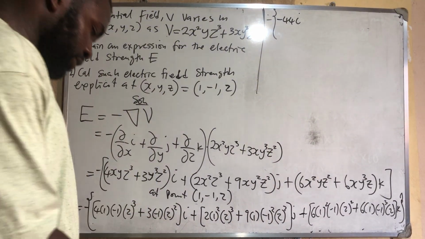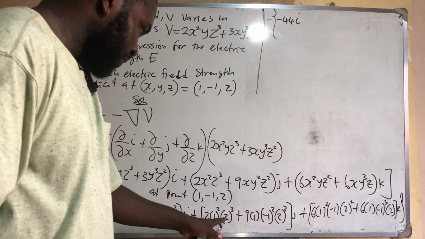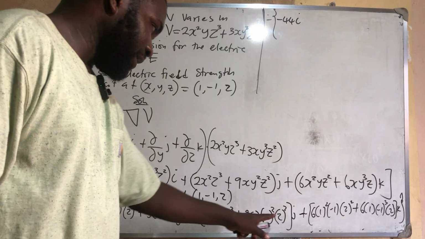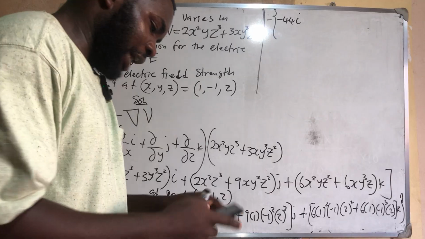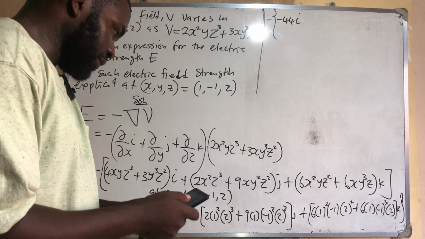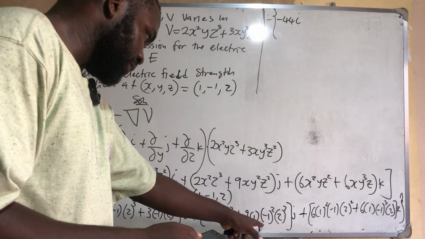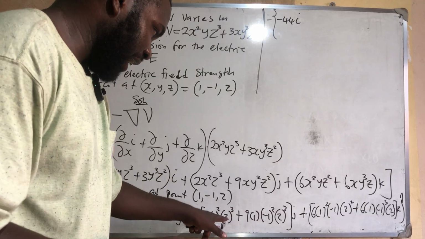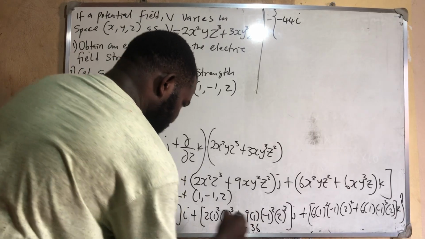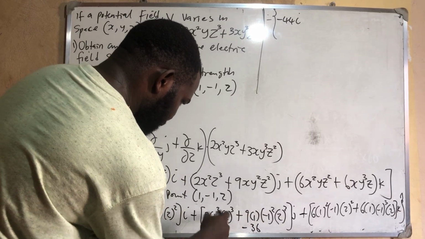Okay. Now let's do the same thing here again. For here, I have that this is 8. 8 times 2 is 16. But what I have here is 4. 4 times 9 is 36. And that is minus 36. But what I have here is 16.